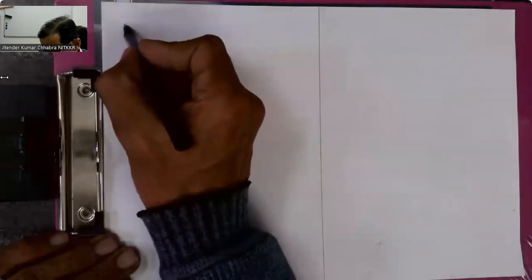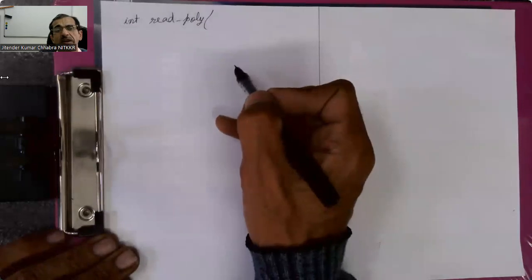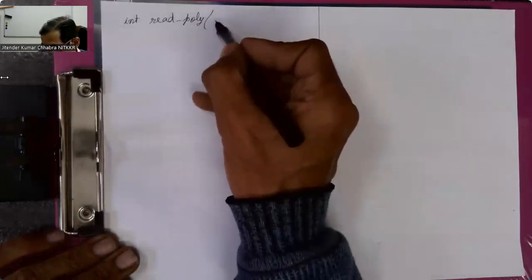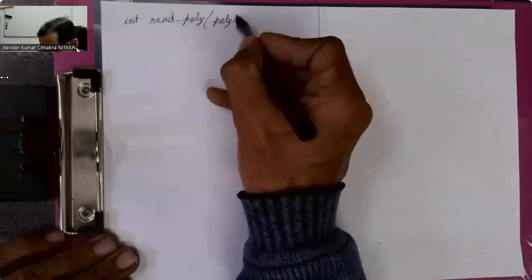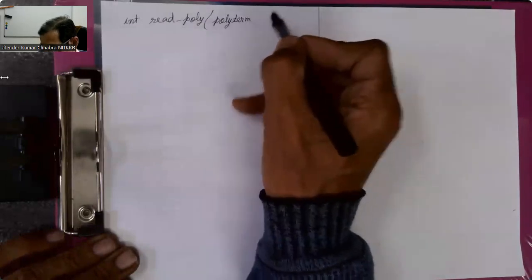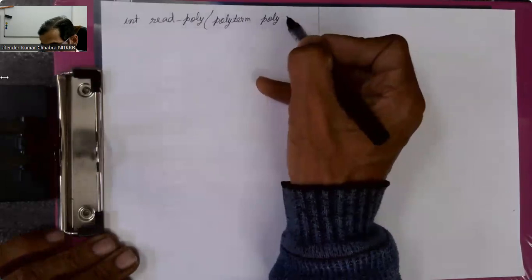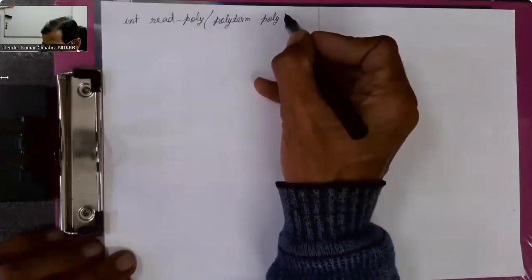So I can easily think that I should do int read poly and then whatever parameters are needed. Input parameters are nil, so I can directly have the poly or poly term. While making the code yesterday, we wrote word poly term, and whichever poly I want to read, their name could be poly 1, poly 2, poly 3, poly A, whatever.